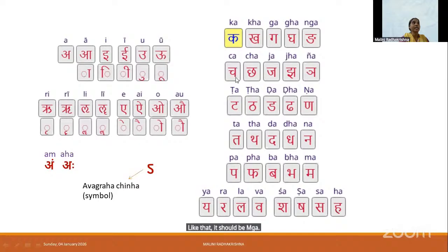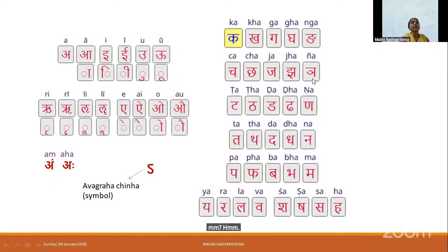Then the second group of letters are Cha, as in chocolate. Cha is used for chaya, chatram. Then Ja, as in jalam, jari.